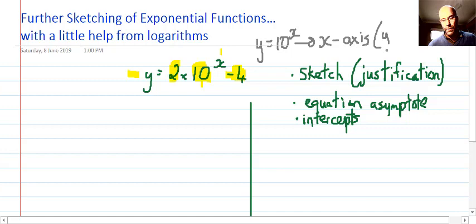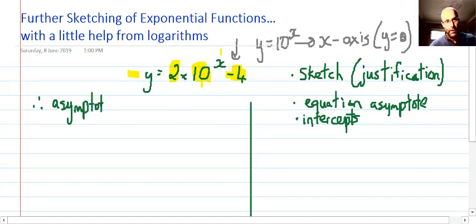And remember, that's got the equation y equals 0. So this one's been moved down by 4. So we can explain that the horizontal asymptote, since d equals -4, will be y equals -4.